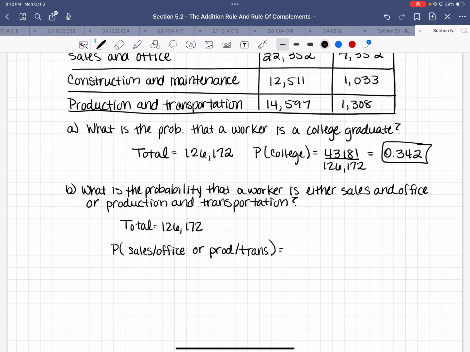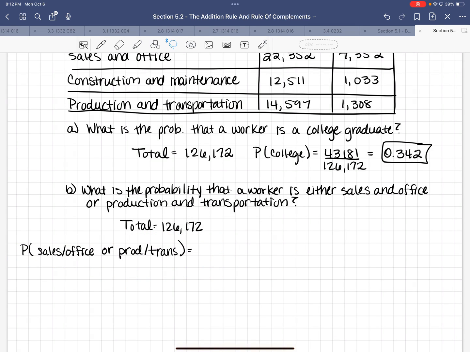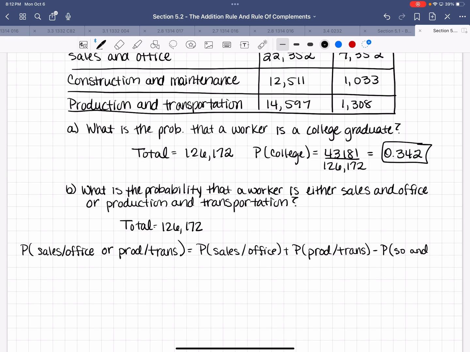Okay, so I know from my general addition rule that's going to equal the probability of sales office plus the probability of production transportation minus the probability of sales office and production transportation. Okay?